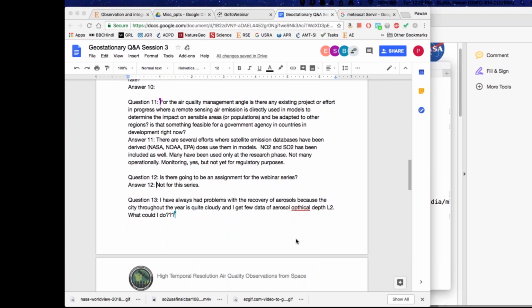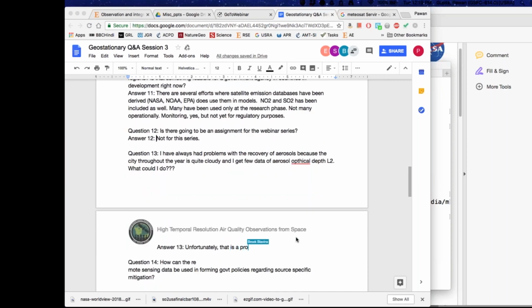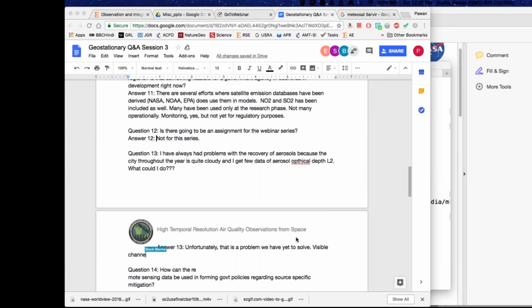Okay, question number 13. I have always had a problem with the retrieval of aerosols because the city is quite cloudy throughout the year, so I get few aerosol optical depth data. What could I do? Unfortunately, no one can do anything if your city is consistently cloudy, because most of the aerosol optical data we gather uses visible or optical channels, and if there are clouds, we cannot penetrate them to see through.